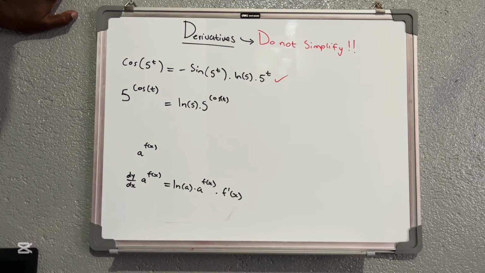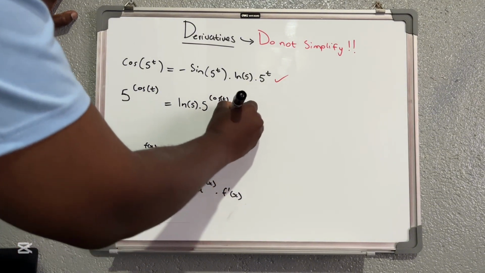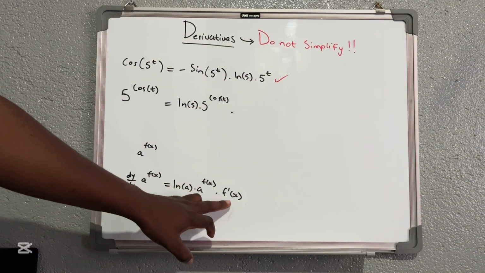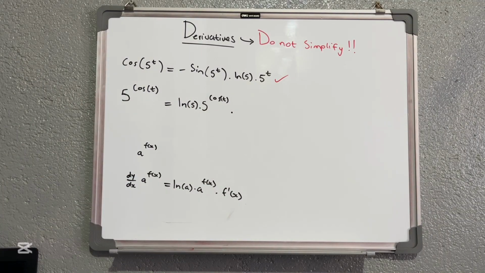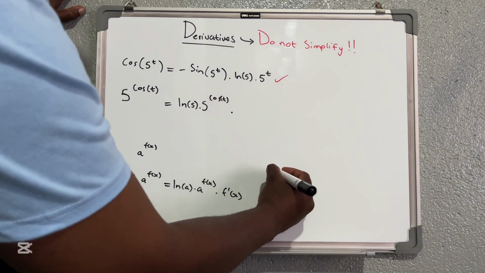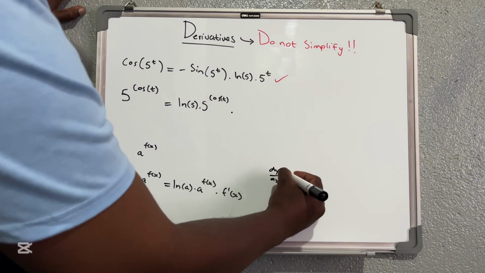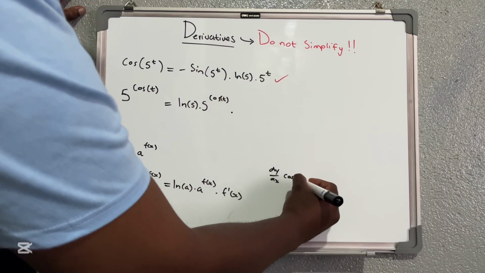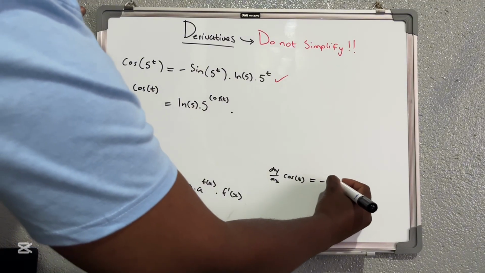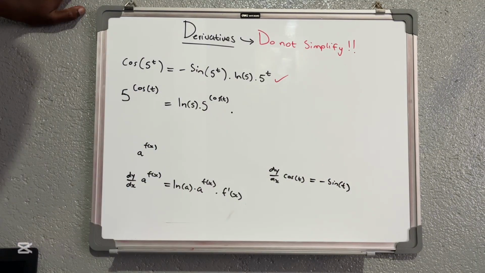Then and now you what? You differentiate what's internal, or that function. If you differentiate, we know if you're having dy over dx of cos of t, this will give you minus sine of t.